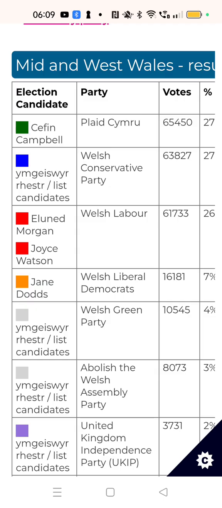The brand, Labour, which is the cause, the power which gets people elected into seats. They're not voting for John Smith or Joe Bloggs or Patrick Johnson.